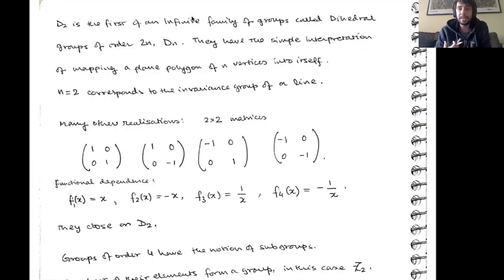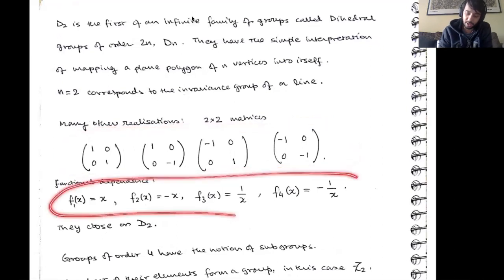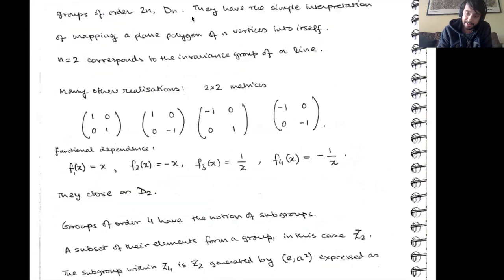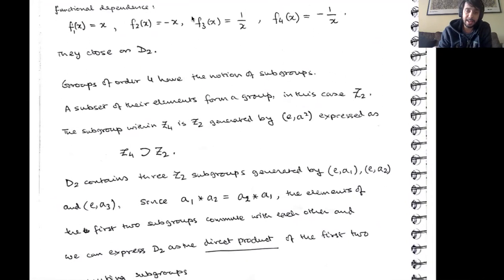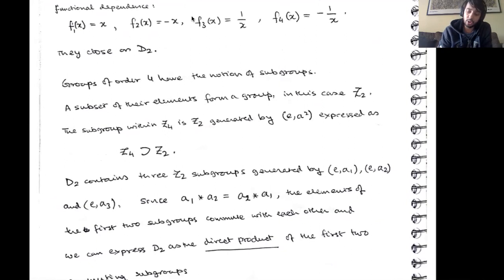And then I gave you some more ways of trying to realize D2: these 2x2 matrices were one, these functions were another. At the end of the day, I spoke to you a little bit about the notion of subgroups, whereby groups of order 4 have subgroups. I showed you that for Z4 we have a natural Z2, which is generated by e and a squared.